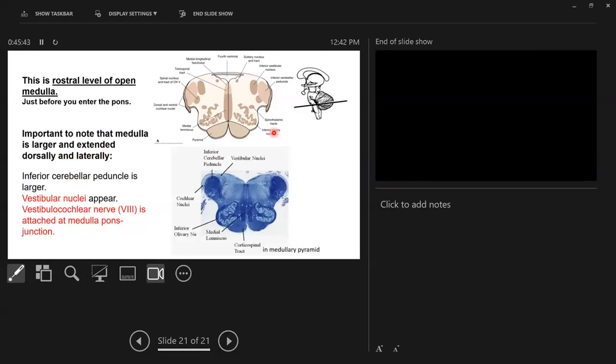Our final slide here will be an even more rostral level of the medulla, very close to pons, in fact, very close to the pontocerebellar angle. This portion of the medulla is wide laterally and dorsally because the inferior cerebellar peduncle becomes more prominent.